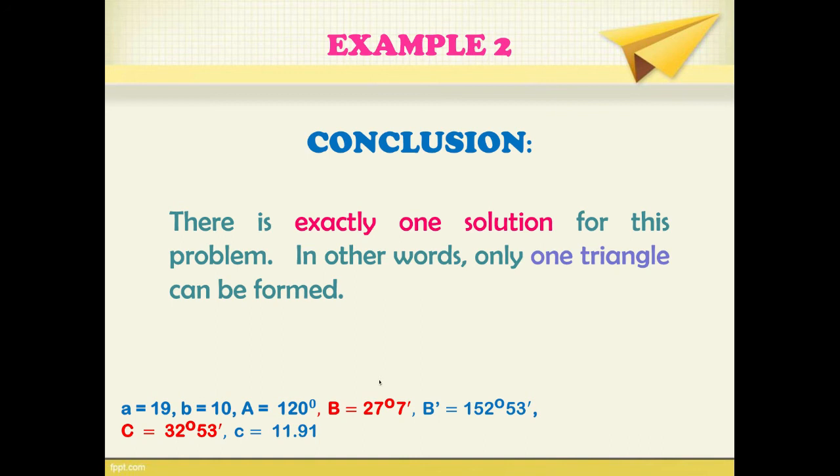The supposed other triangle with parts angle A, angle B prime, and angle C prime does not have a solution since the value that we got for angle C prime is negative. And we know that there is no negative angle measure.